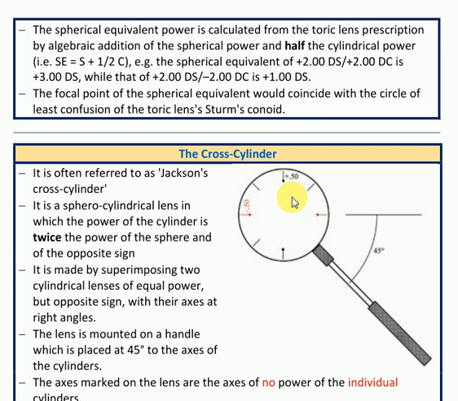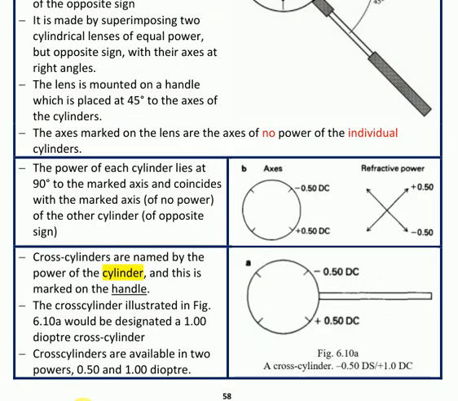Clinically, the cross cylinder is used to check the axis and the power. So if you want to check the axis, the power of this is actually this, because they lie opposite. Here the power is plus 0.5 and here minus.